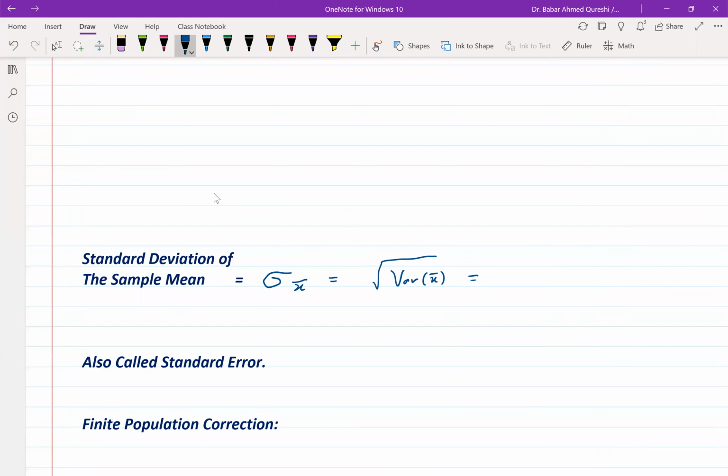So what I have found is that this would be equal to the variance of the population divided by n, but the square root of the variance of the population, I can call the standard deviation. This is the standard deviation of the population.